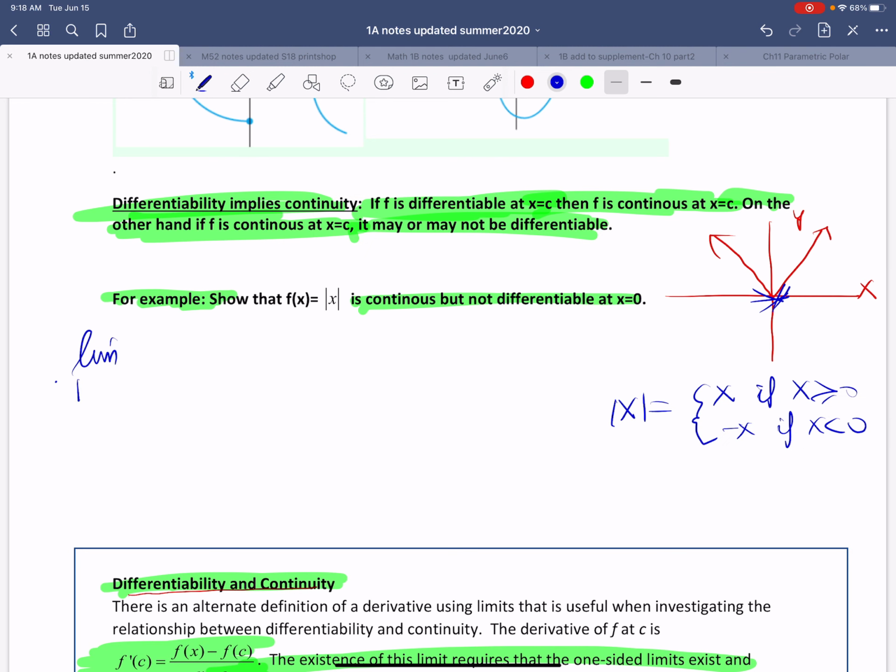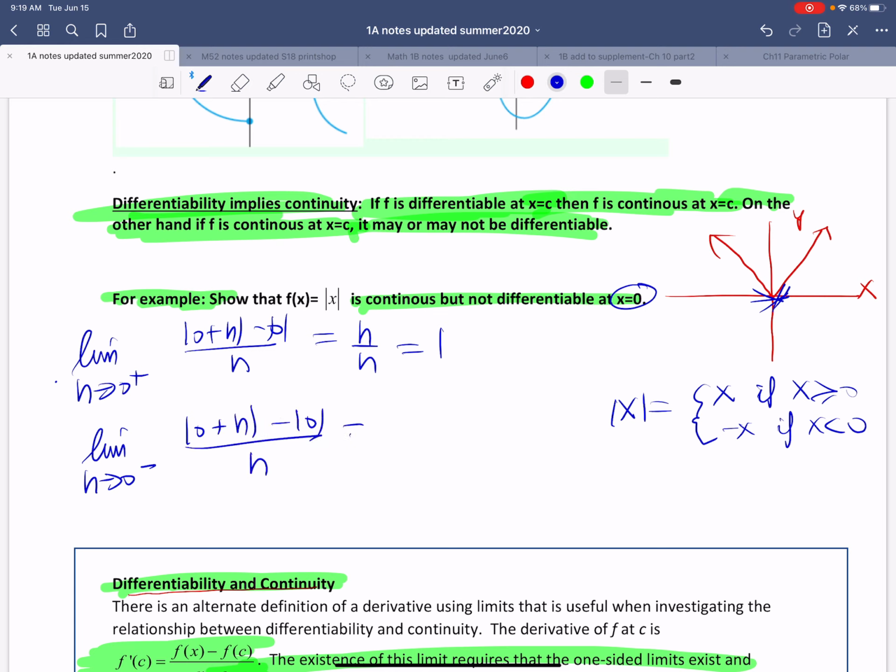Limit as h approaches 0 from the right-hand side of 0 plus h minus the absolute value of 0, divided by h, because your point x is 0. So f of x plus h minus f of x, divided by h. That is going to leave us with h over h, and that is equal to 1, because the absolute value of h is equal to h. And if I'm coming as h approaches 0 from the left-hand side, 0 plus h minus 0, divided by h.